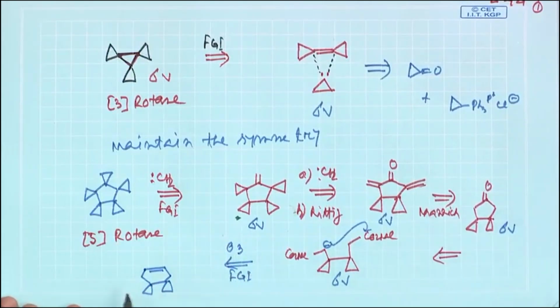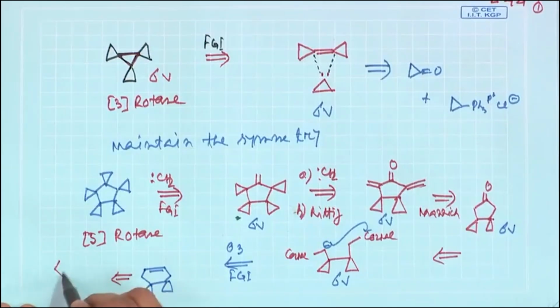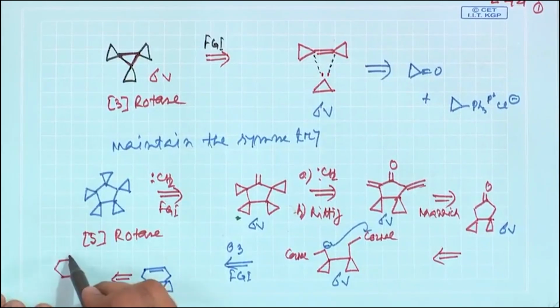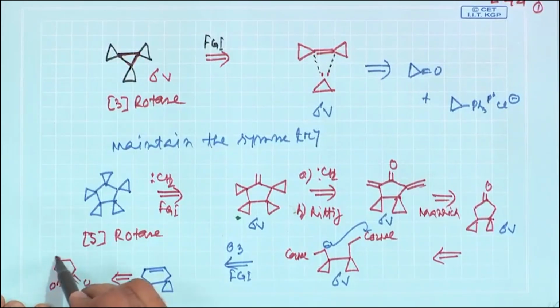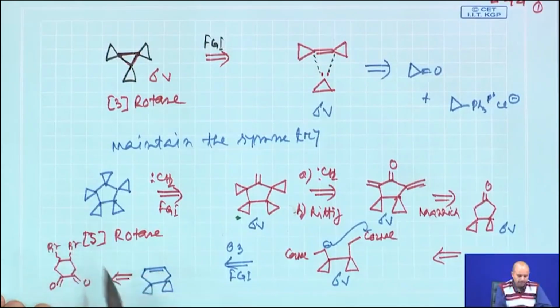Still you can do the disconnection, because you have to come back to simple molecules. You can come back to simple molecules like a ketone like this, or you can put a dibromo species. It might be possible.